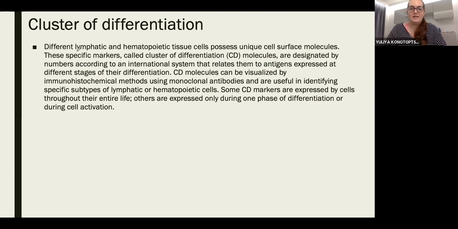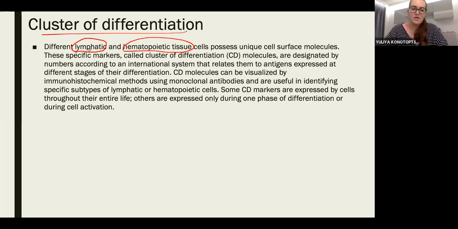The lymphocytes specifically and hematopoietic cells, their marker has a name, and it is called cluster of differentiation. Whatever marker is located on lymphocytes, whatever marker is located on hematopoietic cells, you call it cluster of differentiation. We have lots of lymphocytes: B lymphocyte, cytotoxic T, helper T, Treg.